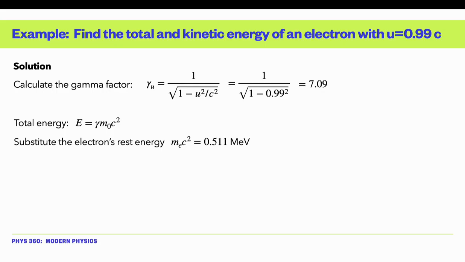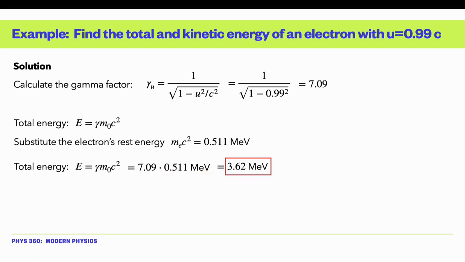We know that the rest energy of the electron, mc squared, is 0.511 MeV. So now all you have to do is multiply the gamma factor by its rest energy to find that the total energy of the electron is 3.62 MeV. That's quite a bit larger than its rest energy, which is only 0.511 MeV.